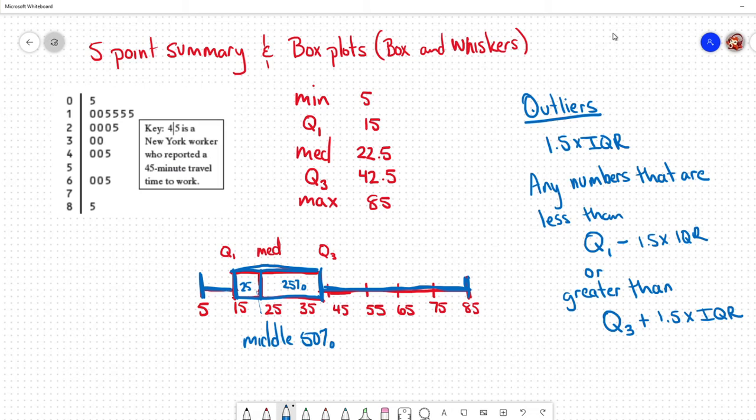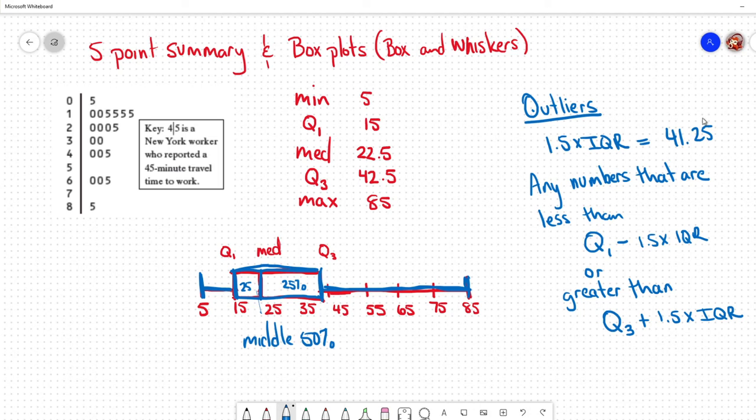So first I'm going to figure out this 1.5 times IQR. Remember, IQR is going to be Q3 minus Q1. So 42.5 minus 15, I get 27.5. Now I'm going to times that by 1.5, and I get 41.25.